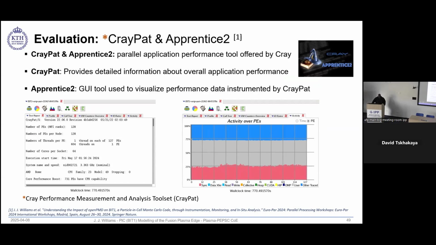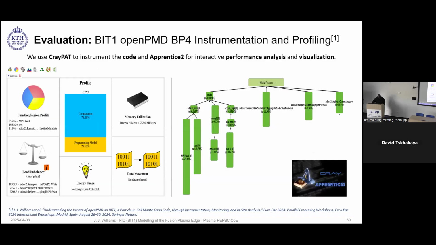It's similar to Perf in a sense, but it gives you a lot more. We use CrayPat to instrument the code first, and then we use Apprentice2 for the performance analysis and visualization in this case.